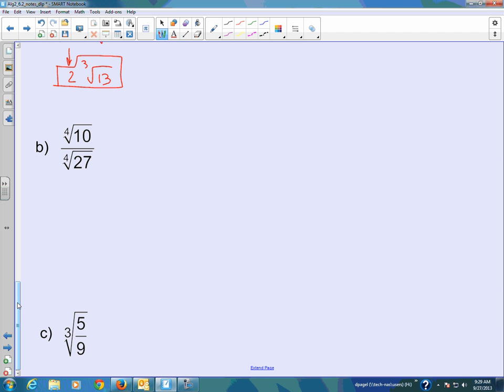All right, 4th root of 10, 4th root of 27. Another one where I might look at this and say, let's do 10 over 27. And let's see, there are no factors of 10 that also go into 27. So I'm kind of dead in the water right there. Can't do much beyond that.